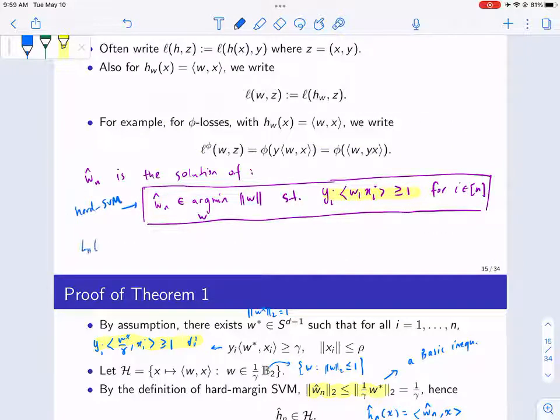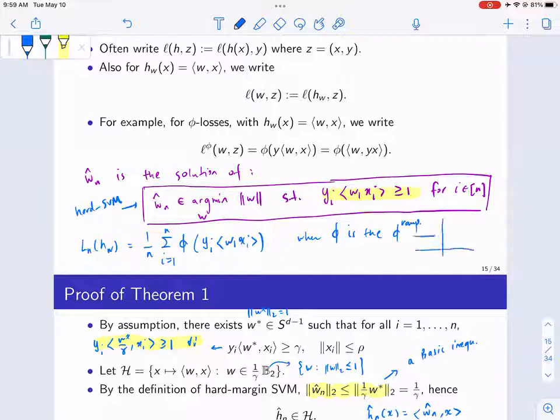So L_n of h_w is 1 over n summation i from 1 to n of phi of y_i w x_i, where phi is the ramp phi, which is this guy, which is 0 here.